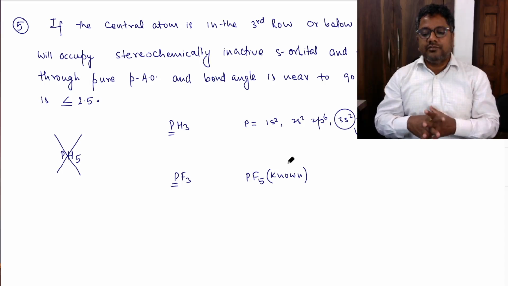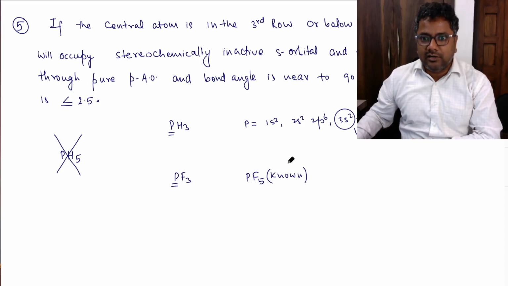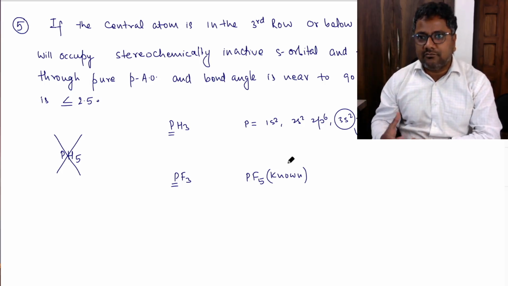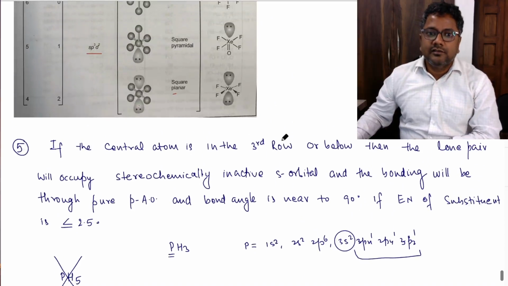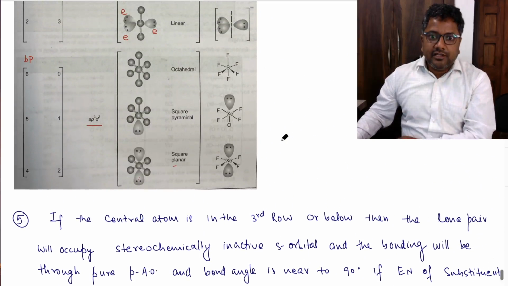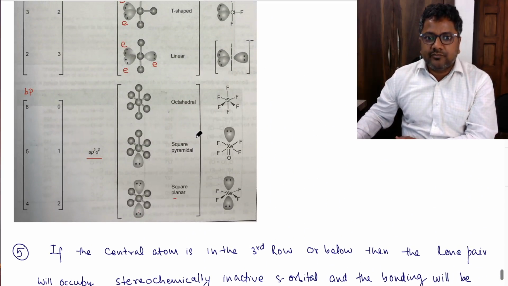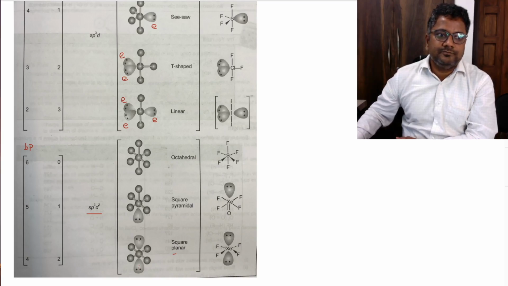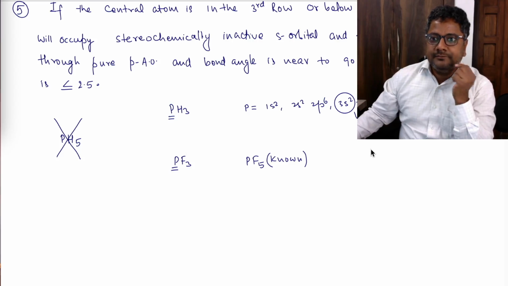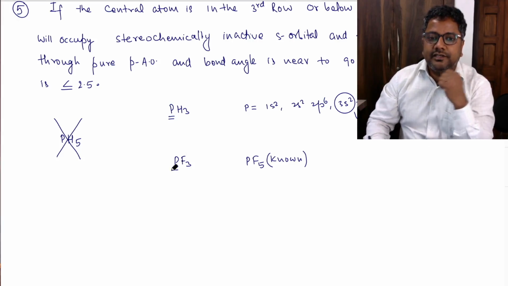VSEPR and hybridization both you can merge and combine to get the answer, right? Everybody should remember all these geometries and shapes, how they are oriented. It should be written properly in your notes. Okay, now see certain examples.